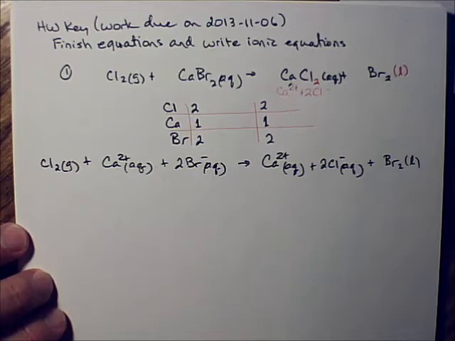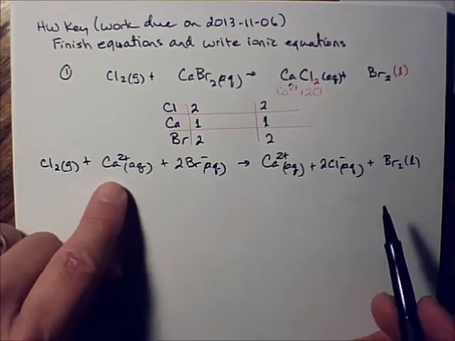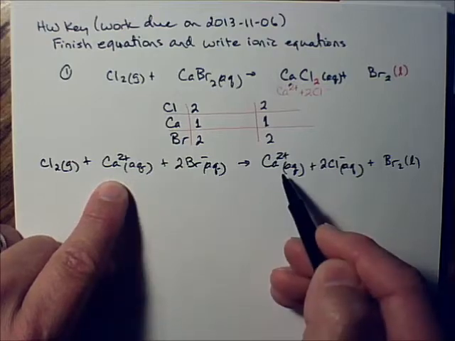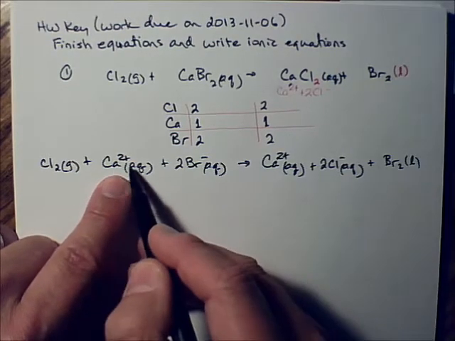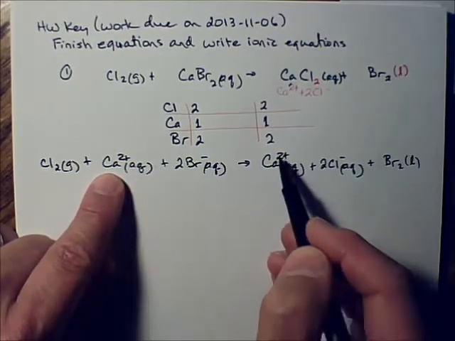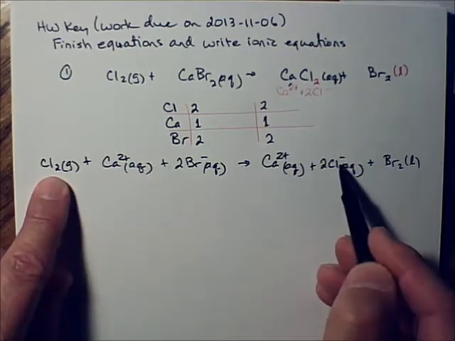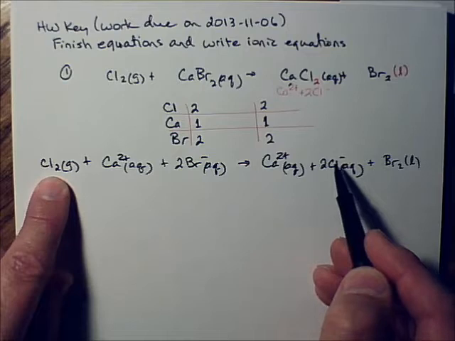Now we want to write a net ionic equation. In the net ionic equation, you keep those things that change, and you don't write down the things that stay the same. So if you look carefully here, calcium is the only thing that stays the same from the left side of the equation to the right side. It's a 2+ charge, aqueous on both sides. Chlorine is a molecule over here, and over here is an ion, actually 2 ions.